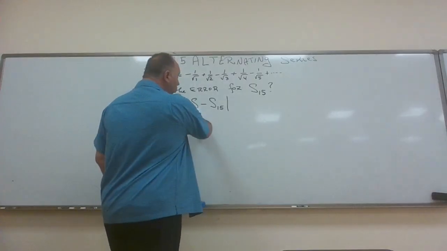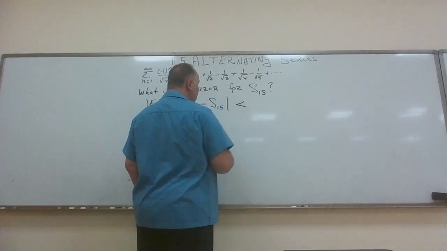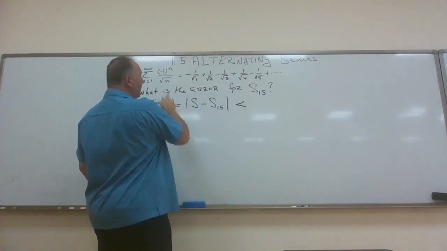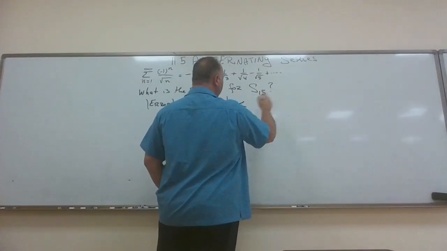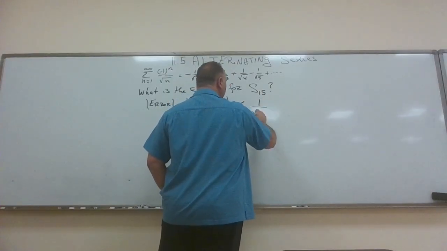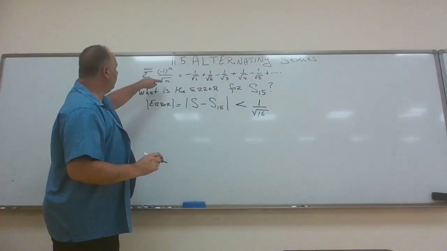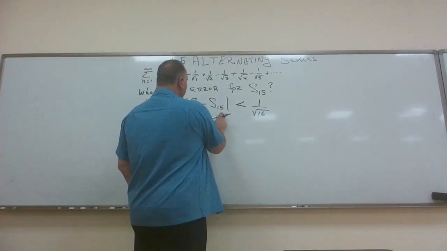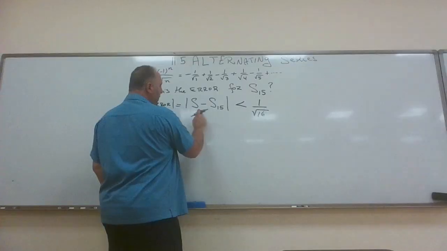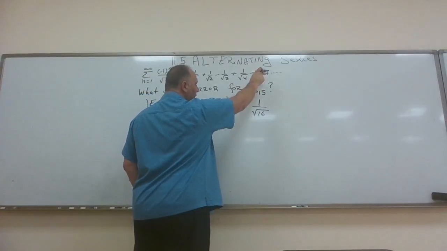What I know is, because this is an alternating series, the result says the error is smaller than the next term. So the number 15 is the last one, so the next term is the 16th, because the general term is 1 over radical n. So S15 gives me an approximation of this sum.